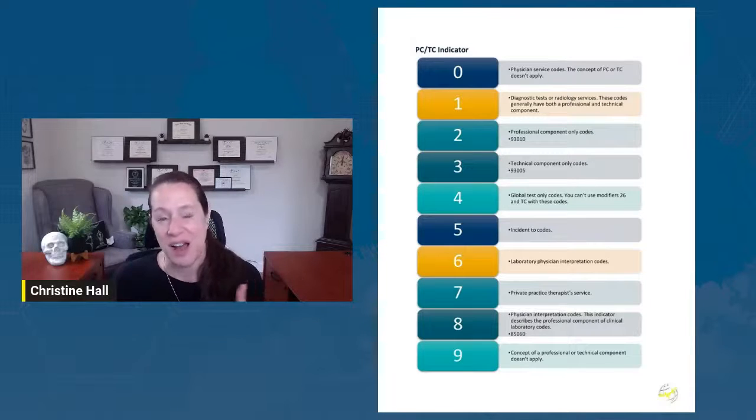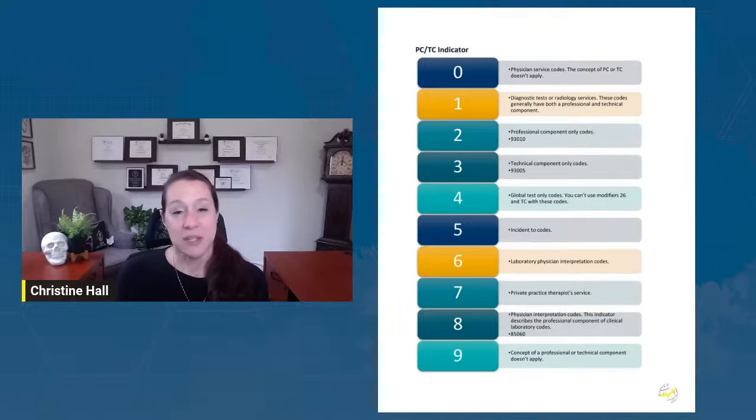It's not intended to cover the technical part of it, and vice versa. So that 93005, the technical component only, it's going to have a PCTC indicator of 3, just that technical component to it. Again, they're telling us what kind of CPT code this is, right? It's a technical component only code.